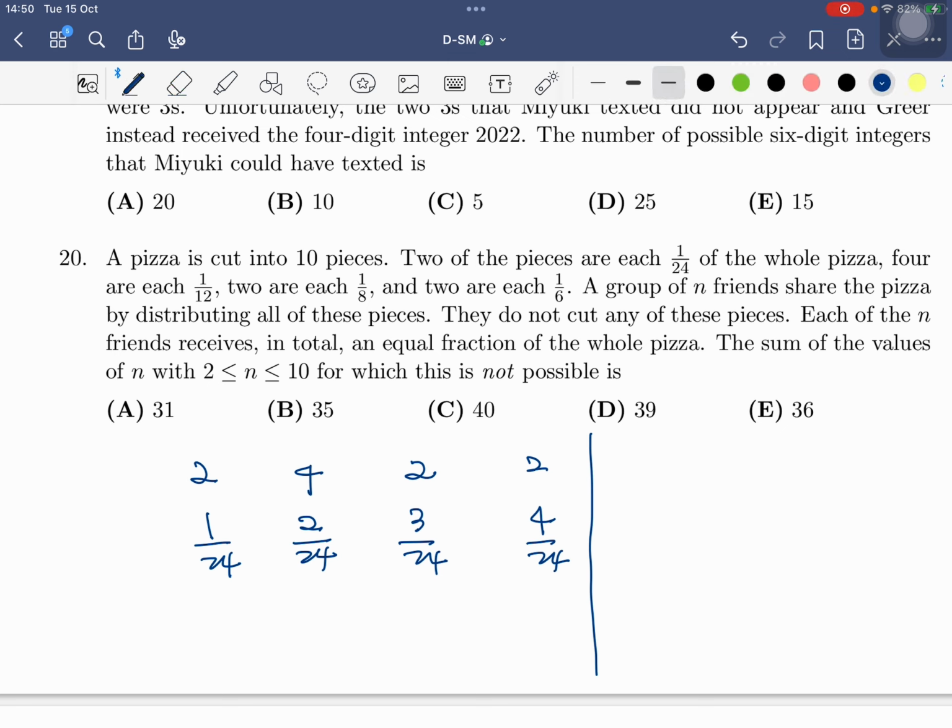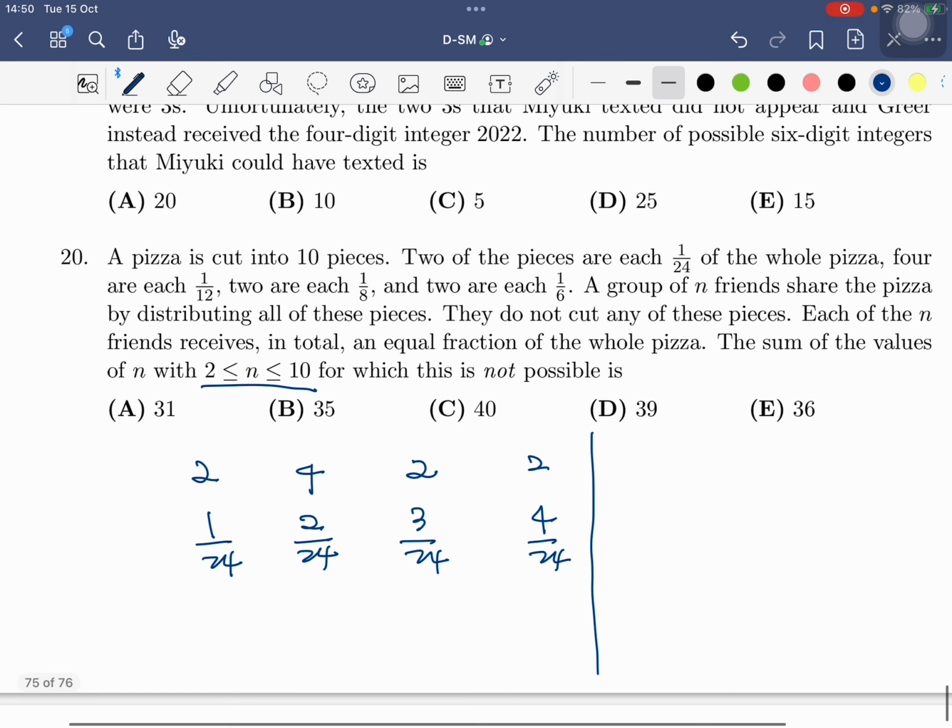So I guess between 2 to 10, we can consider 2, 3, 4, 6, 8, something like that. So if there are 2 friends, actually it's possible because we can distribute half and half, so it's no problem. So this is valid.